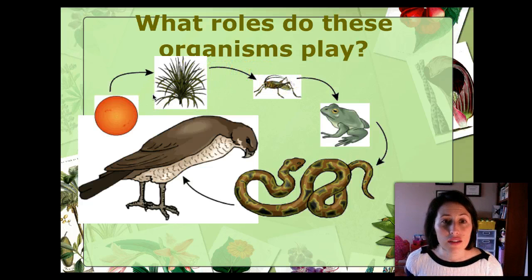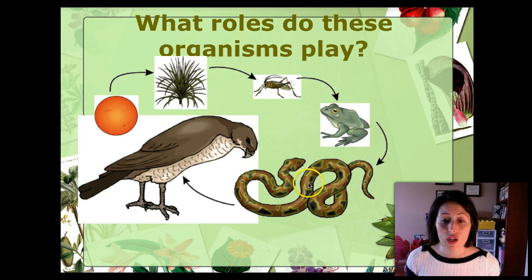So if we're gonna label real fast, we know the sun is the original source of energy, here is our producer, or we could say a primary producer. This is eating the grass, so the grasshopper would be our primary consumer, or our herbivore. The frog is eating the grasshopper, so he would be our secondary consumer, or our carnivore.